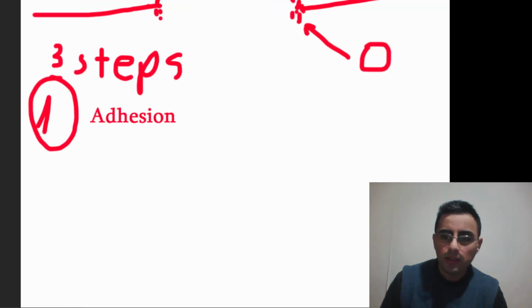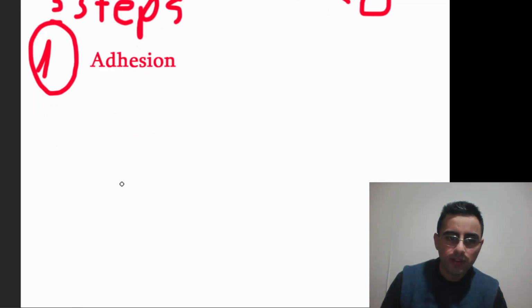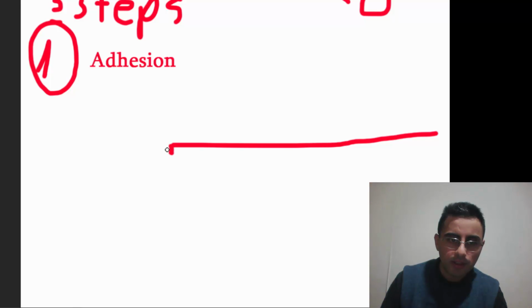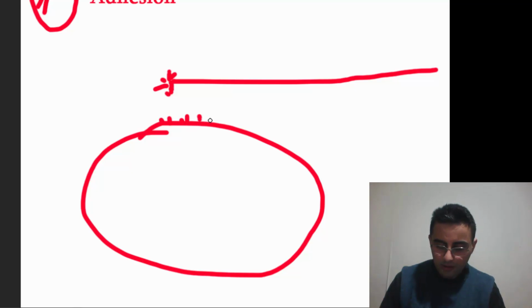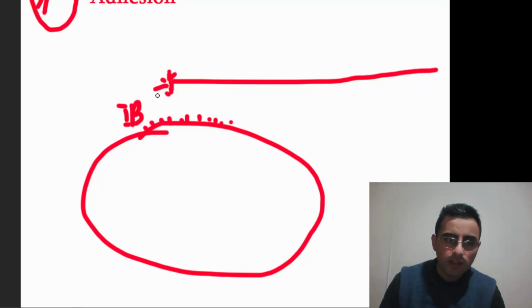Let's paint it more broadly, larger. Here is the damaged area, here is collagen, and here is a platelet. The platelet has glycoprotein 1B, and this glycoprotein can adhere to von Willebrand factor.